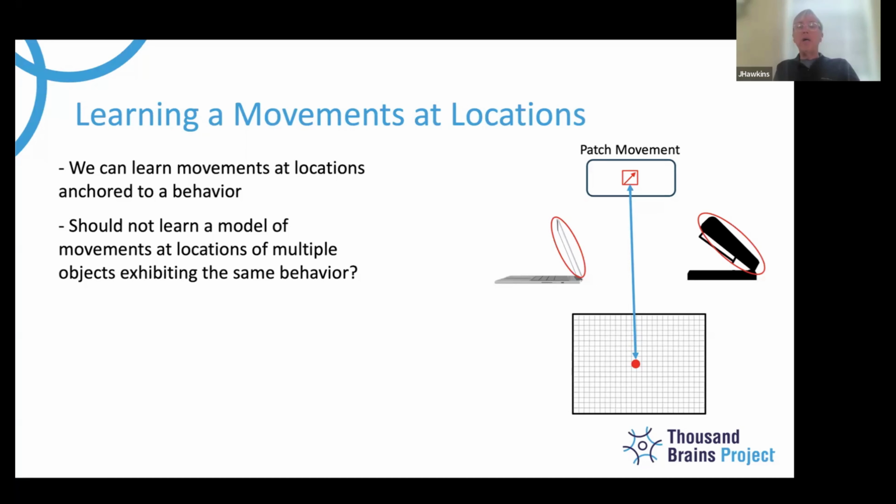It must be associatively linked, because when we see the stapler, we know that it can open and close, right? I associate that behavior with the stapler. Okay, so there had to be an associative link between the two at some point.